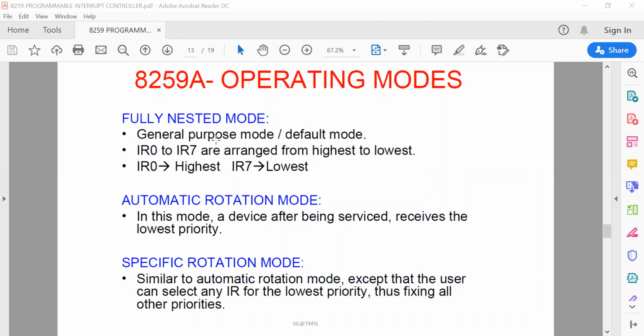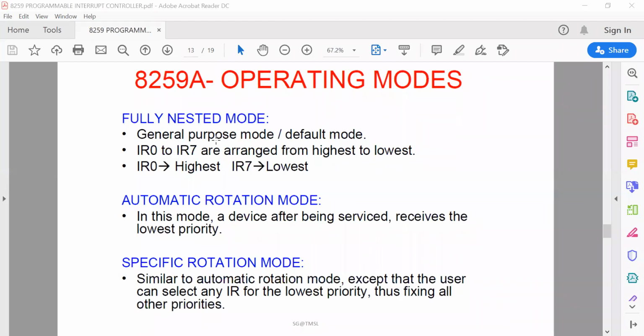In ICW1, there are bits for whether ICW4 is needed or not, whether it is a single mode or cascade mode operation, whether the call address interval is 4-bit or 8-bit wide, and whether it is a level triggered or edge triggered interrupt. So these types of commands can be initialized.